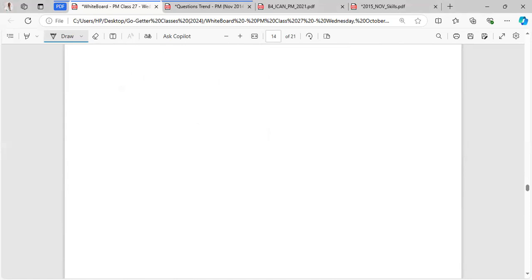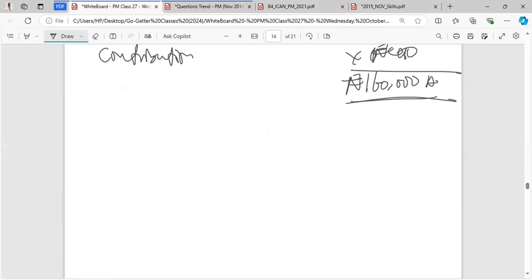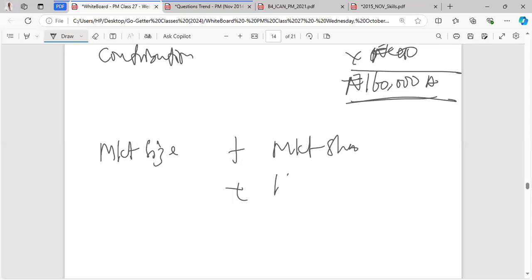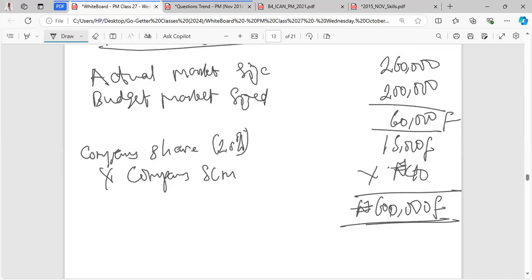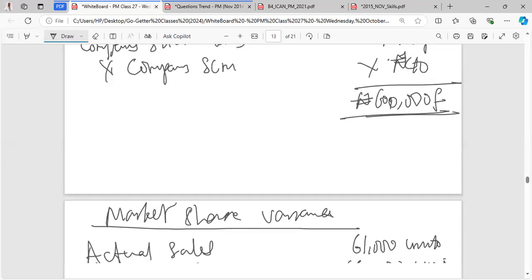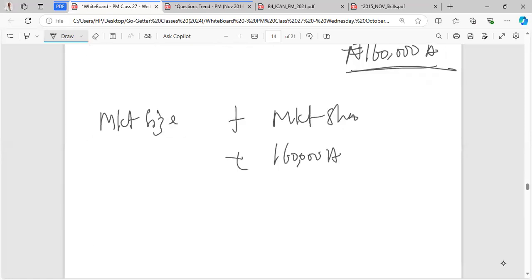So if I were to add the two of them, market size plus market share: market share is 160 adverse, market size got 600 favorable. So let's see what it will result to.